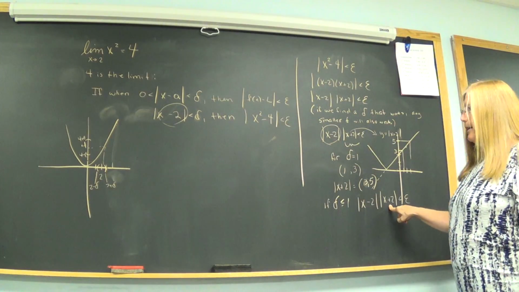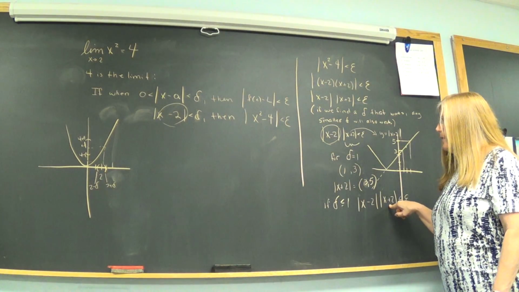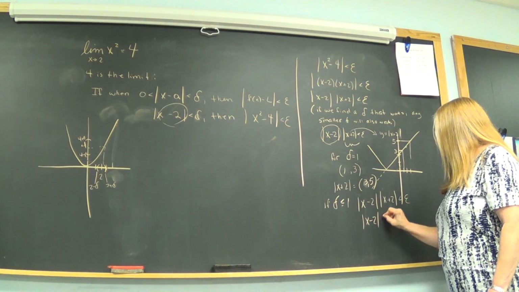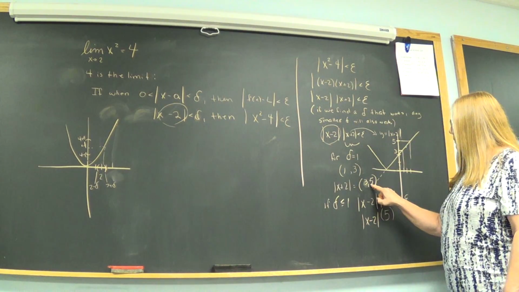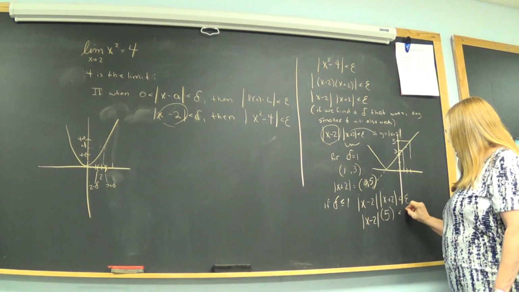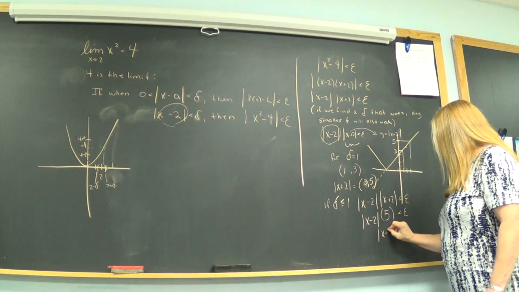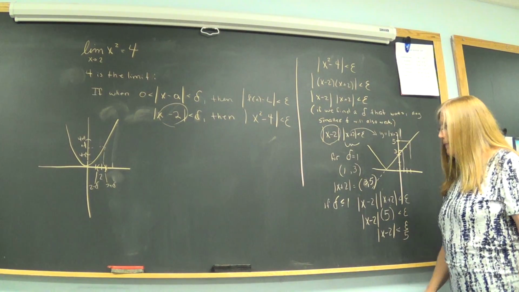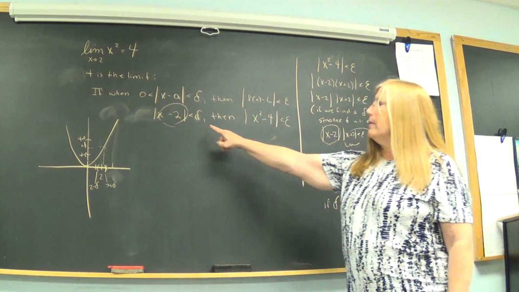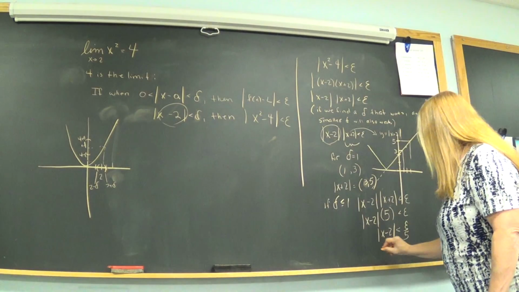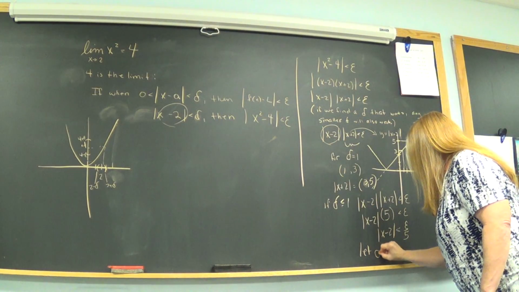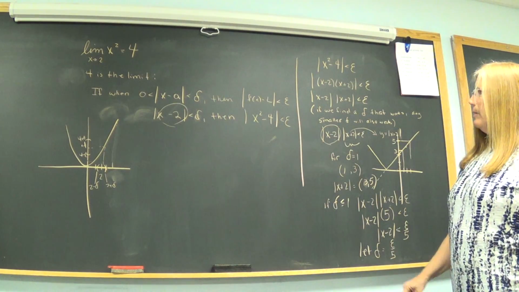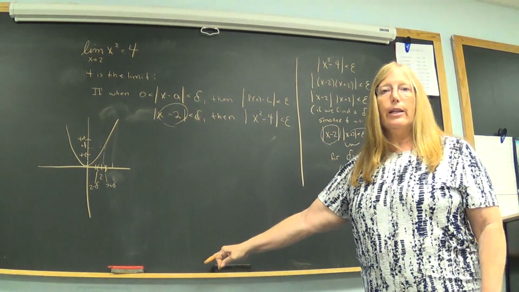But we know the highest this can be in a reasonable interval where delta equals 1 is 5. We got that from this description. Then we can say the absolute value of x minus 2 is less than epsilon divided by 5. And so right here we're matching that. So we can say let delta equal epsilon over 5. And then it seems like we're ready to reverse it and go the other way.